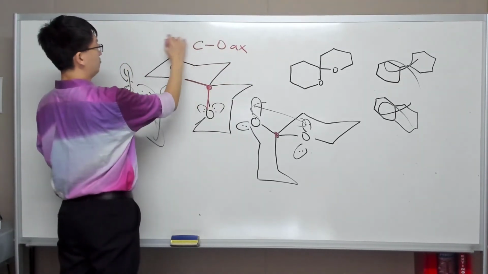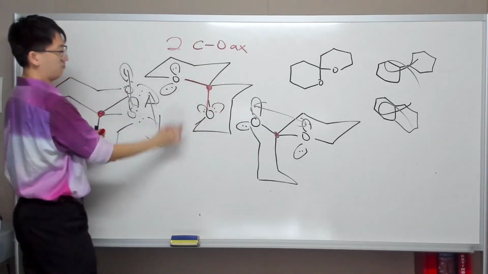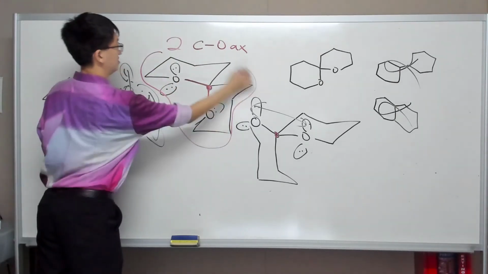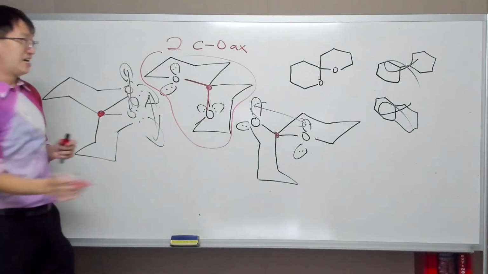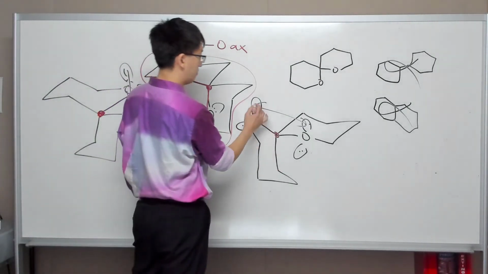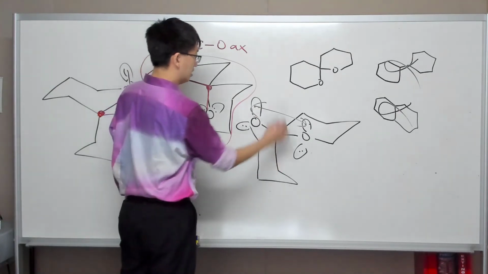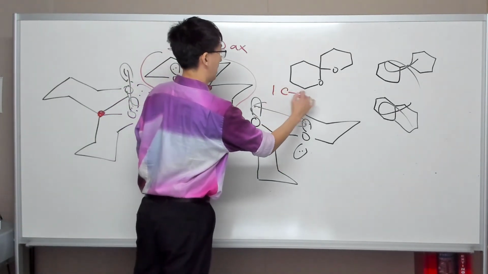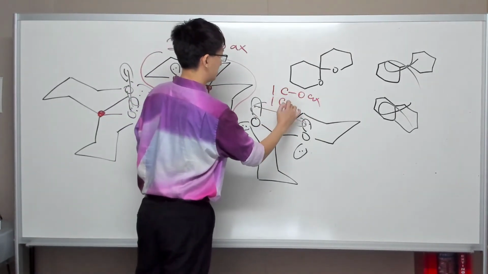So there are two pairs of CO axial bonds for the most stable conformation. Then for the second most stable conformation with a pair of lone pair repulsion, you have one CO axial and one CO equatorial.